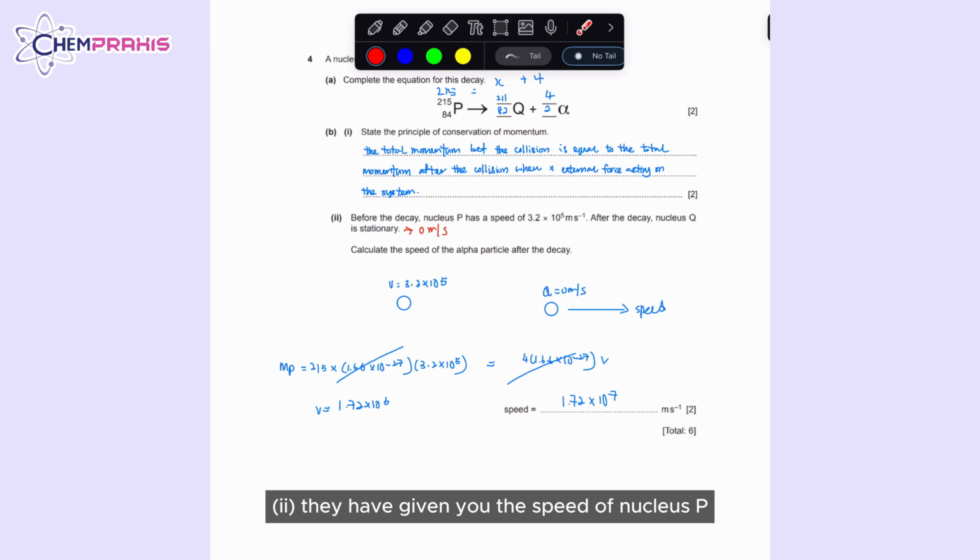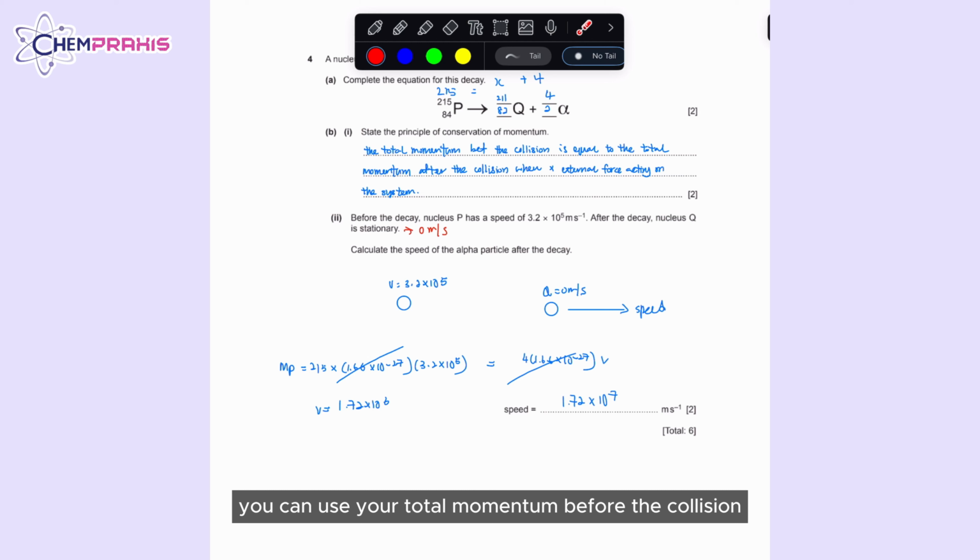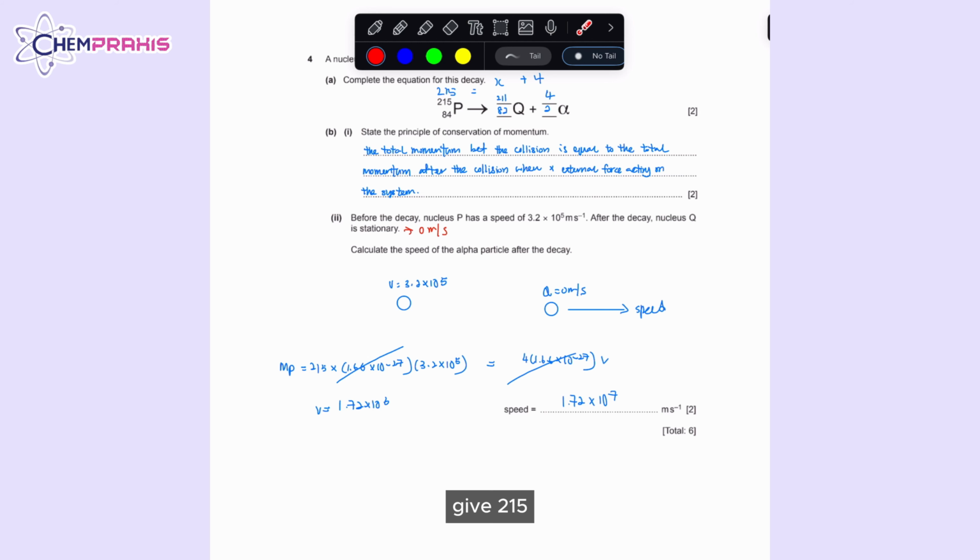Part 2, they have given you the speed of nucleus P, and after decay, nucleus Q is stationary. So calculate the speed of the alpha particle after the decay. You have your nucleon number according to the equations earlier. So you can use total momentum before the collision equals total momentum after the collision. You have 215 for your P nucleus.